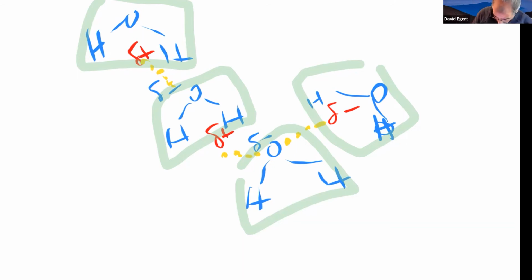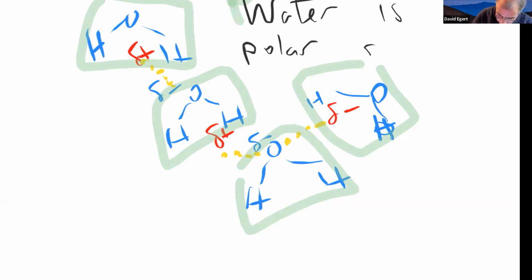We call water a polar solvent. Solvent meaning it's the stuff you're dissolving stuff in. Polar in that it's a polar molecule that's being held together like this.